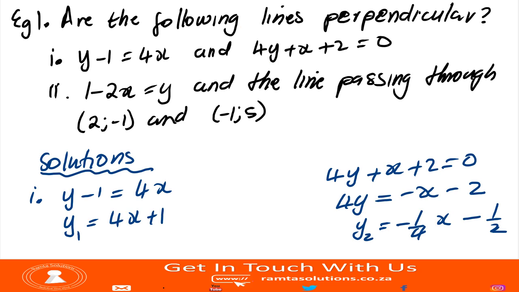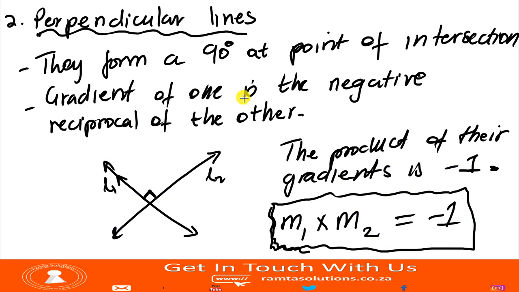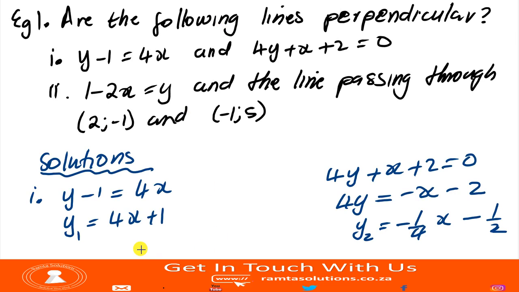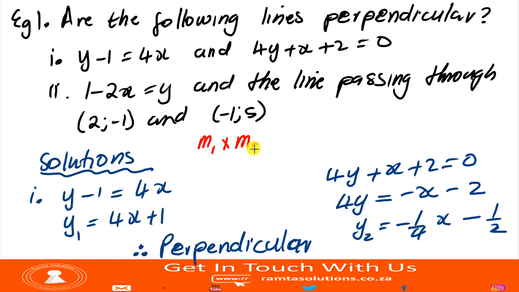So when you look at these gradients, let's say this is line 1 and this is line 2, this one is 4, this one is negative 1 over 4. Remember what we said? The gradient of 1 is the negative reciprocal of the other. So they are perpendicular. If you are not really sure how we got to this, you can still multiply the gradient of 1 by the gradient of 2.